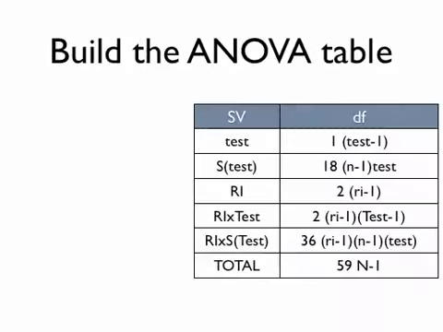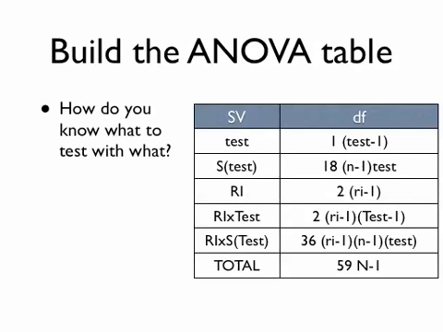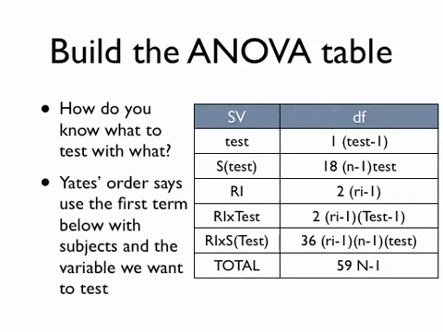So now we're going to build the analysis of variance summary table. The first thing you list is the between factor, then the subjects, then the within. Between, subjects, within. This will tell you how to test what with what.